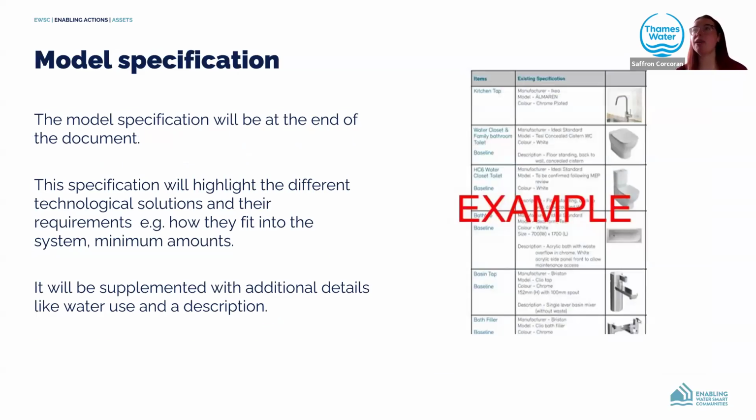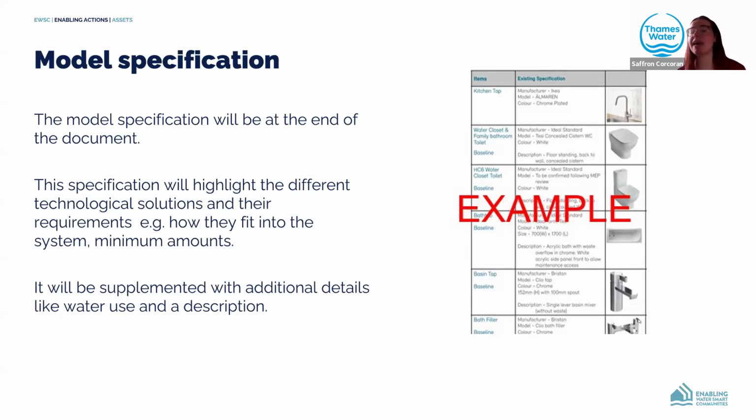Towards the end of the document, we know it might be a little bit hard for them to sit down and read every case study every single time they want to go through. So we are building a model specification. So this model specification, as I said, will be at the end of the document, and it will highlight the different technological solutions and their requirements. So what I mean by requirements is how they fit into the systems, the minimum amount of water they might even need.